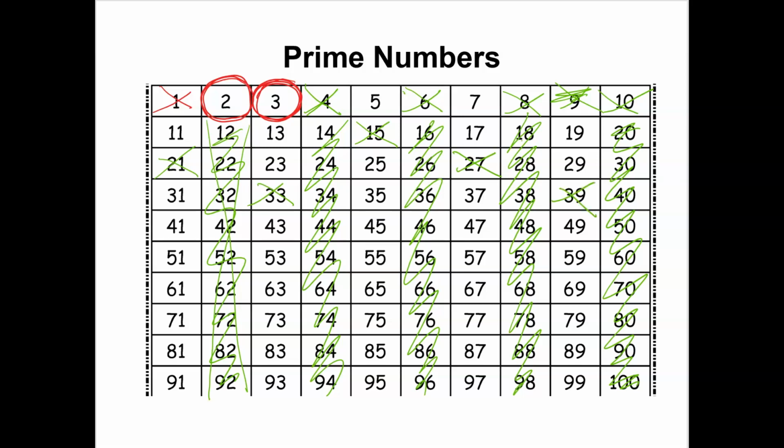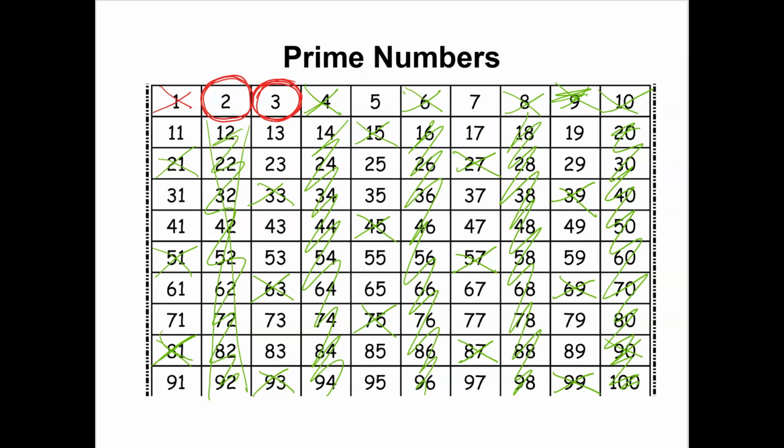And I'm going to keep going: 42, 45, 48, 51, 54, 57, 60, 63, 66, 69, 72, 75, 78, 81. I'm just adding 3 each time. 84, 87, 90, 93, 96, 99.